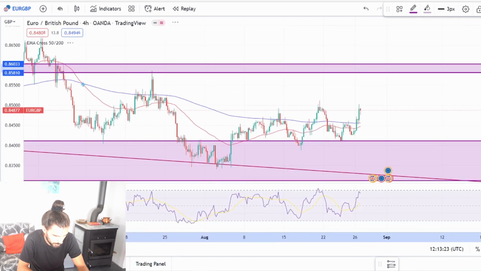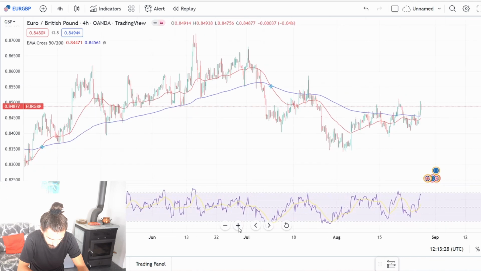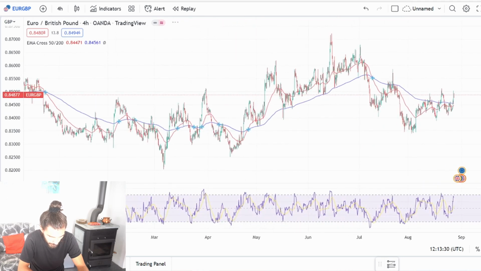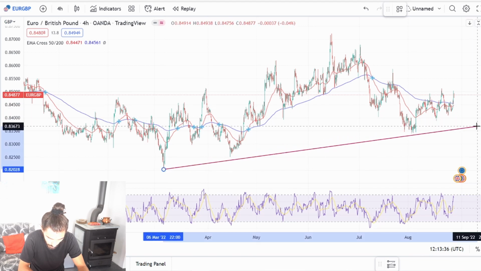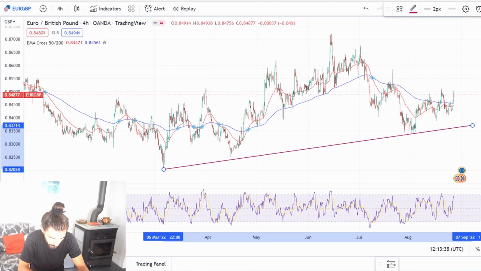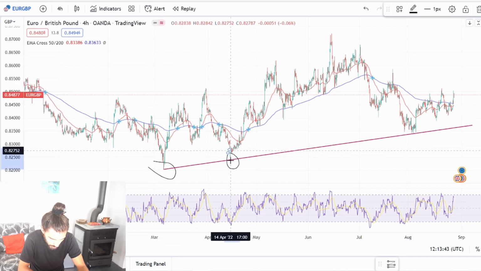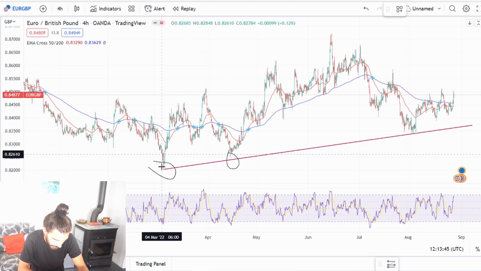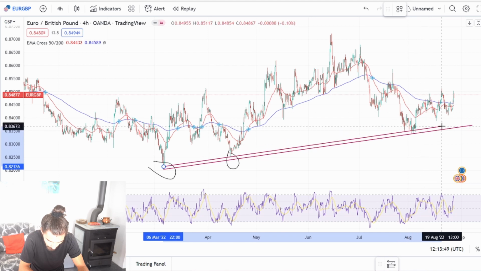So quickly on the 4-hour chart, so we had here this bullish uptrend, just quickly, and here now the third touch. So here is the trend line 1, 2. We could add a bit of a trend area, then we could see the touch right here.